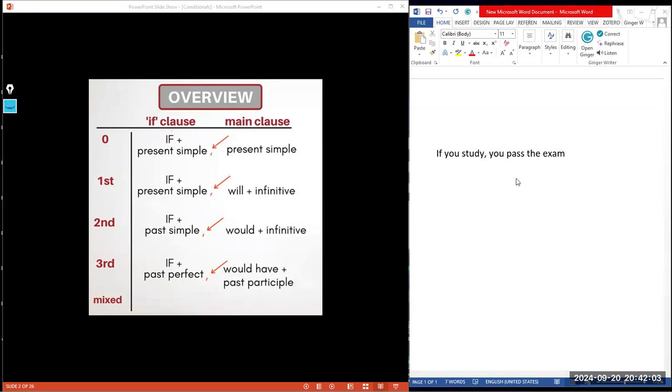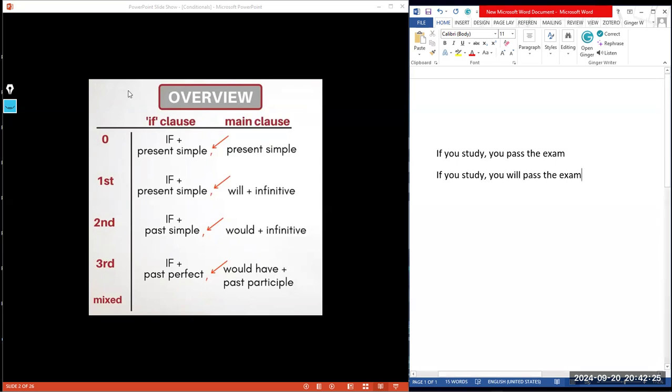Let me explain this rule in this example. Again, I'm not going to change the example. So if you study, you will pass the exam.